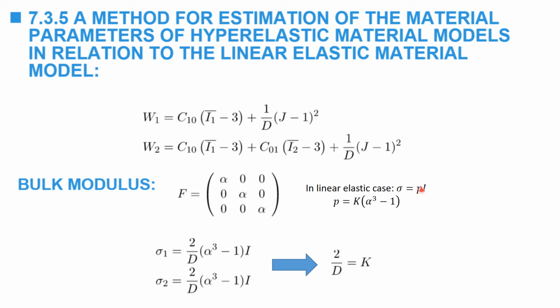This corresponds to the hydrostatic pressure in the linear elastic case. It is actually a hydrostatic pressure, so 2 over D times alpha cubed minus 1. When I equate 2 over D times alpha cubed minus 1 to K times alpha cubed minus 1, you see right away that this D constant that appears in these expressions is related to the bulk modulus by the relationship 2 over D is equal to K.